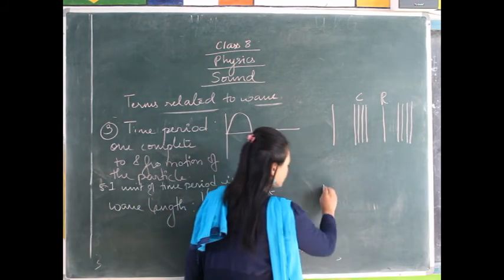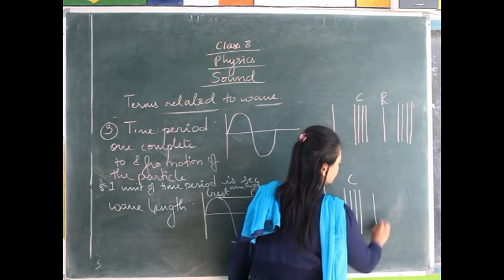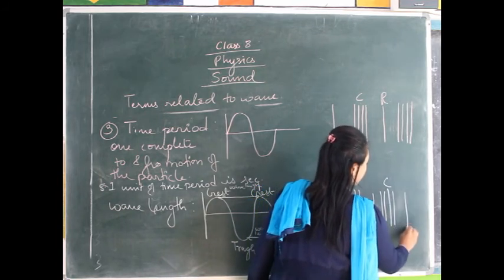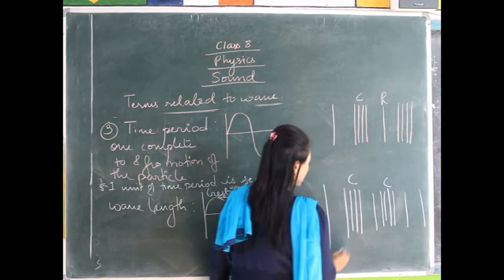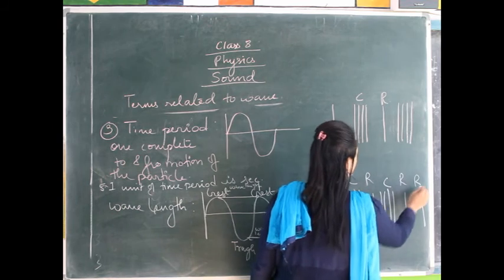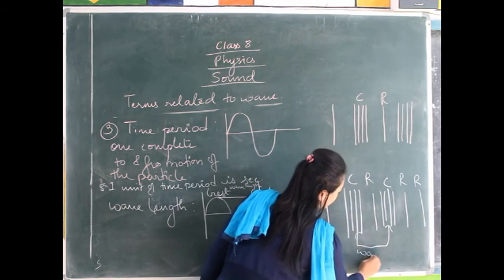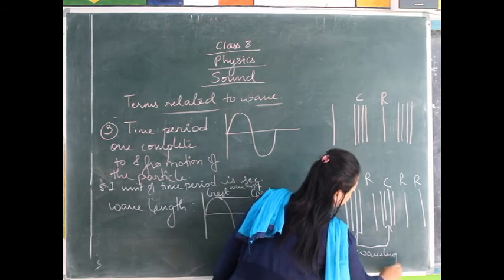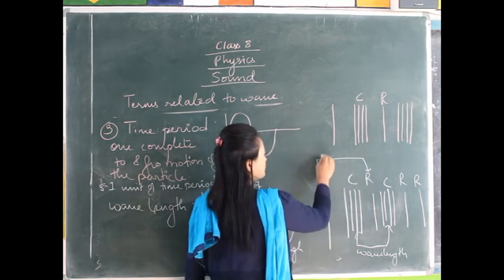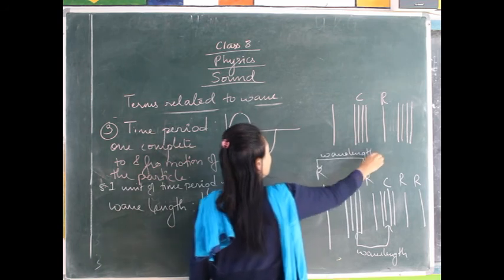In case of longitudinal wave, the distance between two compressions, and between two rarefactions, is called wavelength.